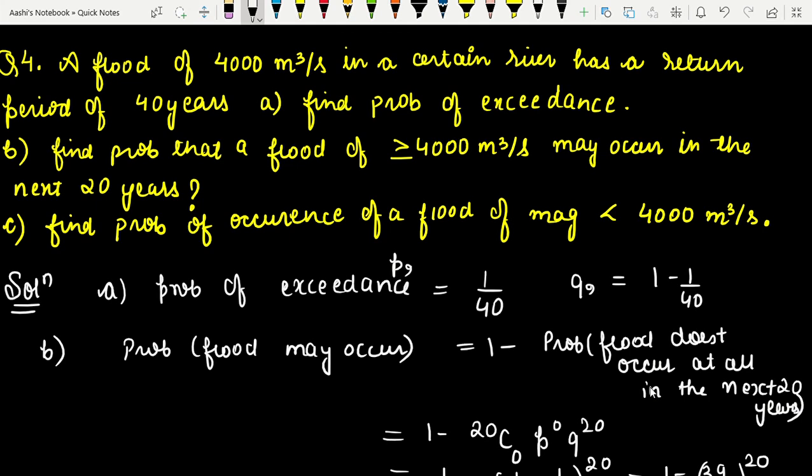So it depends on what type of safety we are going to give to that structure. How much risk are we able to take for that structure? Okay, how much is the allowable risk? If you want to minimize the risk, definitely you have to go for the flood of high return period. And accordingly, when we design for such high flood value, our entire design process will be different.